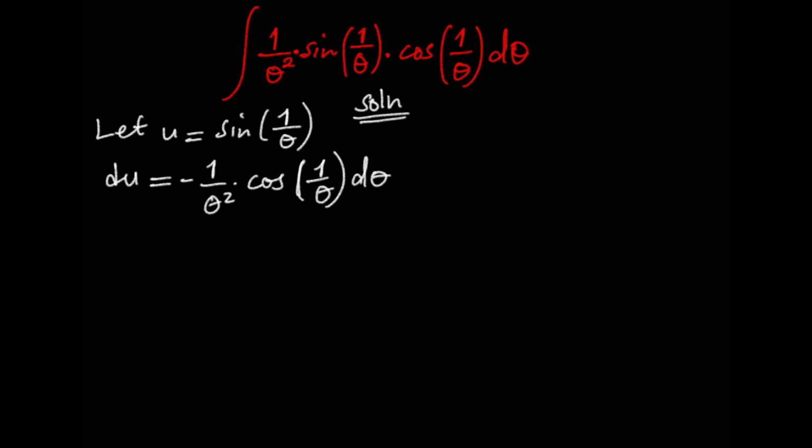Here we have a negative, and there's no negative in the integrand, but we do have this term here, and it is also here. We have sine 1 divided by theta, cosine 1 divided by theta, and d theta. So what I can see is that this term and this term are common.